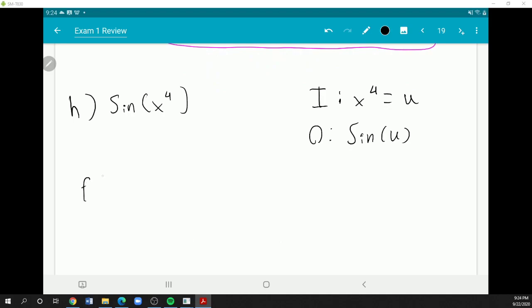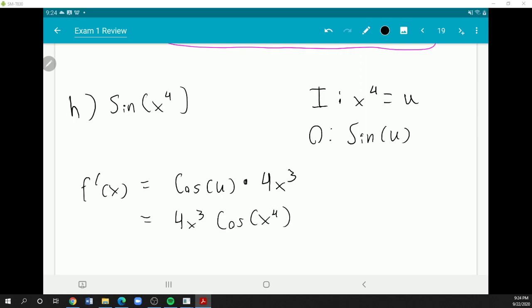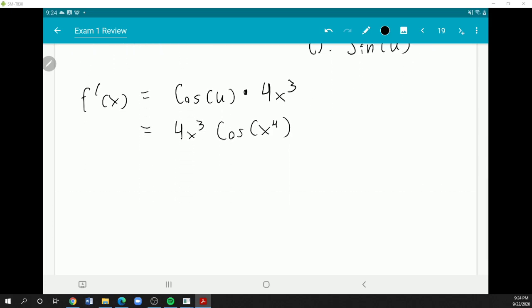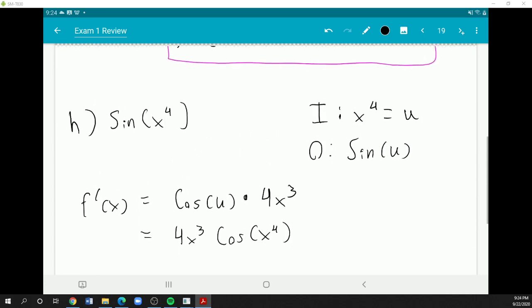So f prime of x by the chain rule is derivative of the outside, so that's cosine of u, times derivative of the inside, which is 4x cubed. So I get 4x cubed cosine of x to the fourth, replacing u with x to the fourth. And that's our final answer there.